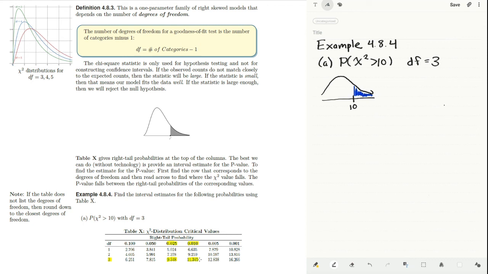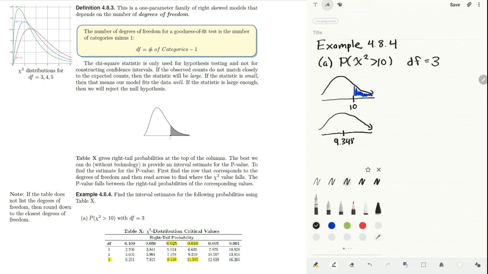And along the top row is the right tail probabilities. So let's write down what these probabilities are telling us in the table. So the table is telling us that the area to the right of 9.348 has a right tail probability of 0.025.